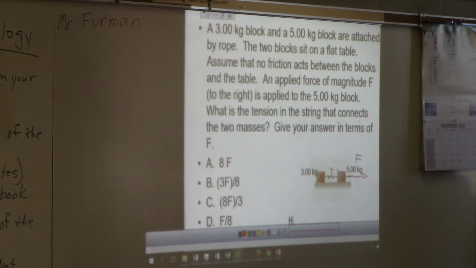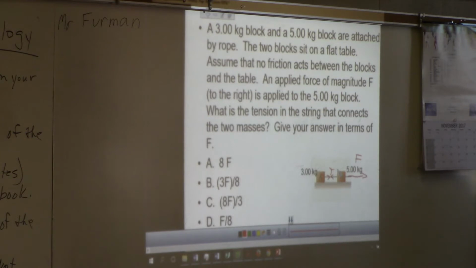In general, do you think the tension would be less than, equal to, or greater than the force F applied to block B? If you look at just block B, this thing is being accelerated to the right.